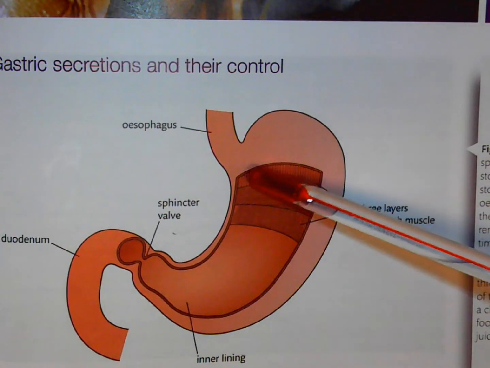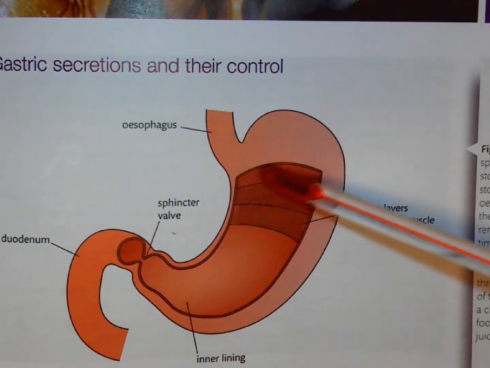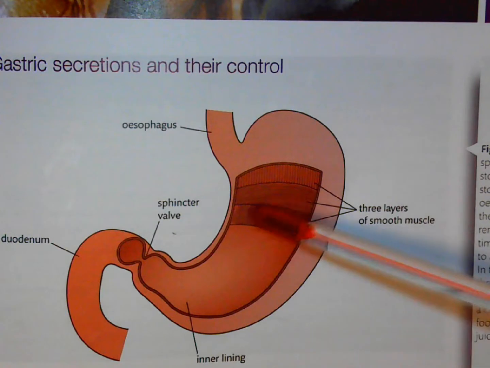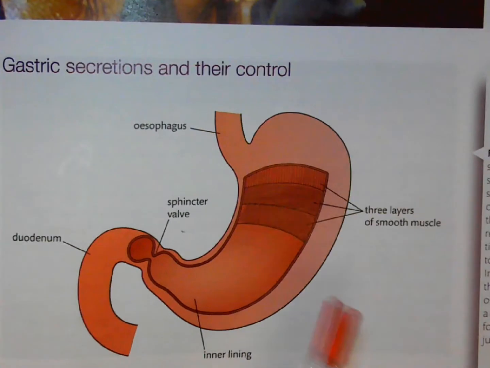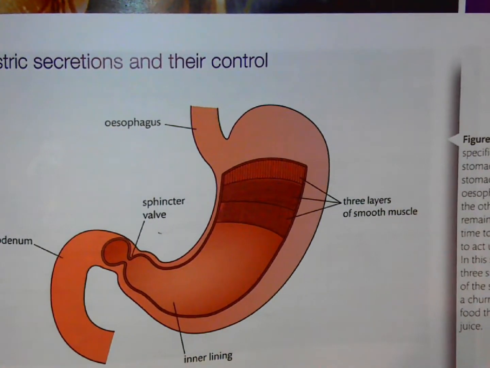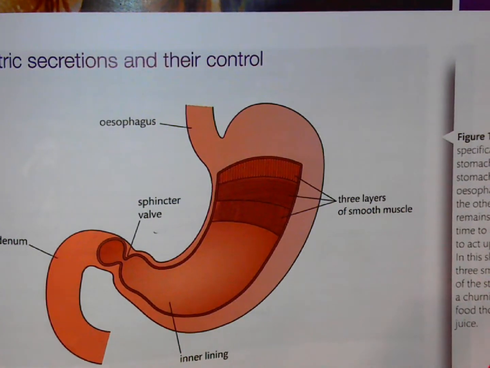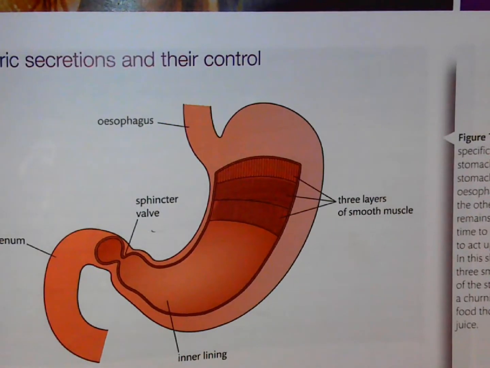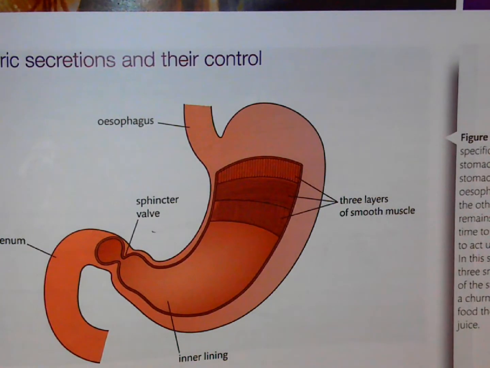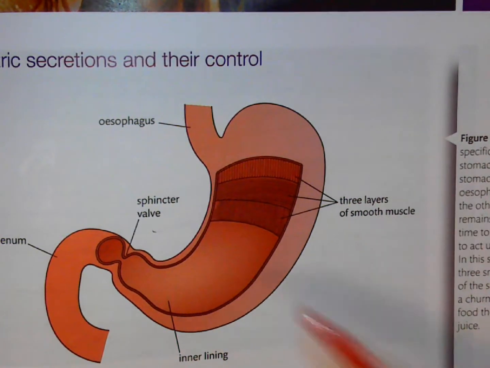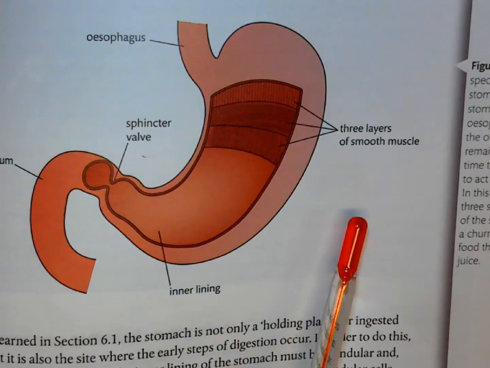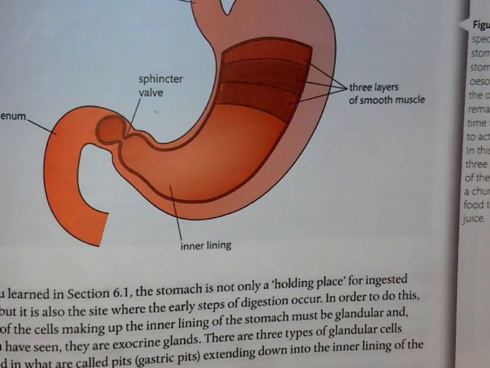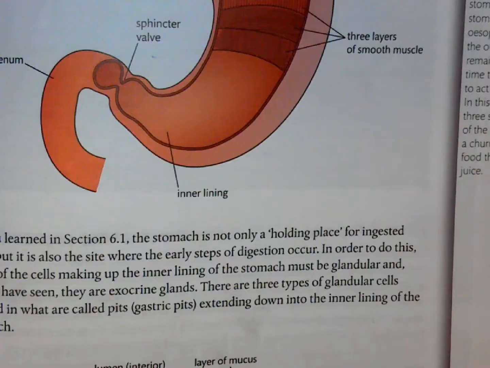If you look closely, they're all striated in different ways, showing the possibilities of mechanical digestion, in addition to the possibility of chemical digestion. So one way to digest in the stomach is mechanical digestion, and a second way is chemical digestion.